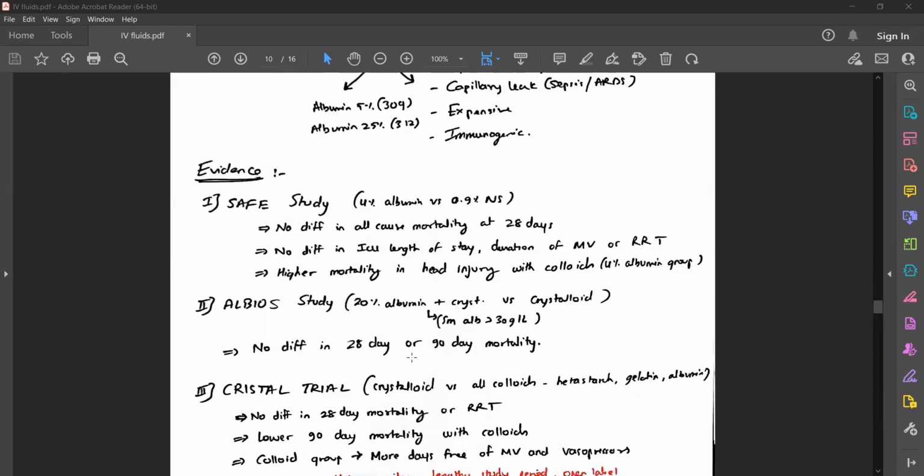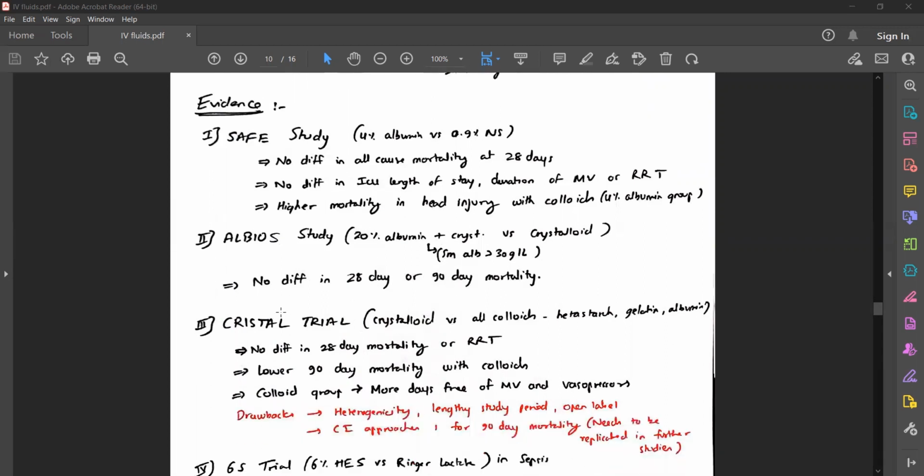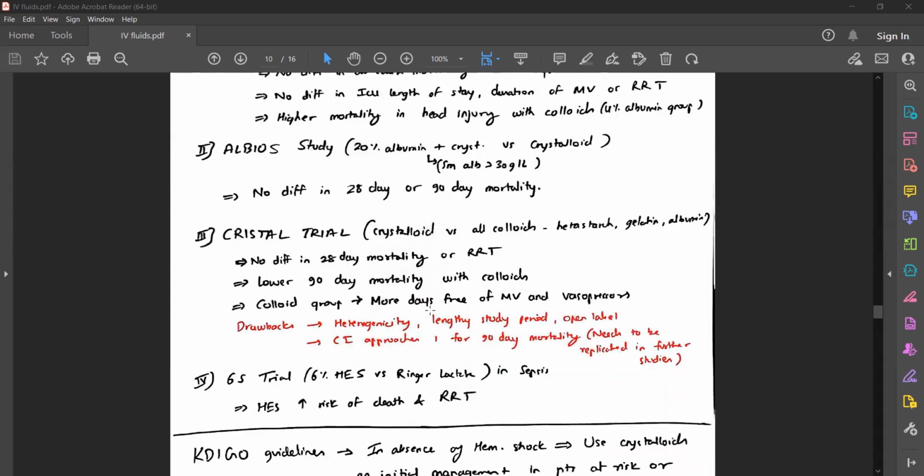The ALBIOS study, which compared 20% albumin with crystalloid versus crystalloid alone, with the goal of keeping the serum albumin more than 30 gram per liter in the albumin group, also did not show any difference in mortality at 28 days or even at 90 days. There was another trial in the past, the CRISTAL trial, comparing crystalloid versus all the colloids, including hetastarch, gelatin, and albumin.